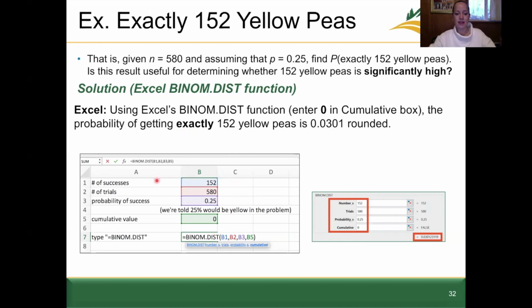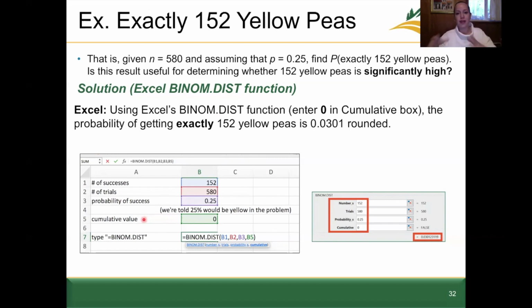Our number of successes is that we have exactly 152 yellow peas. So that's our X or S value here. The number of trials did not change. The probability of successes, or lowercase p, also did not change. Now, the big difference here is that we're using a cumulative value of 0. We don't want to know the cumulative area from the left or the cumulative area from the right.